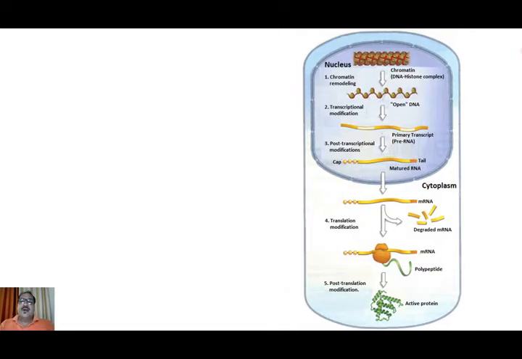Now, let us see at what all stages the regulation of gene expression is seen in a eukaryotic organism. First, regulation may occur when the DNA is uncoiled and loosened from nucleosomes to bind transcription factors. This we call the epigenetic level.